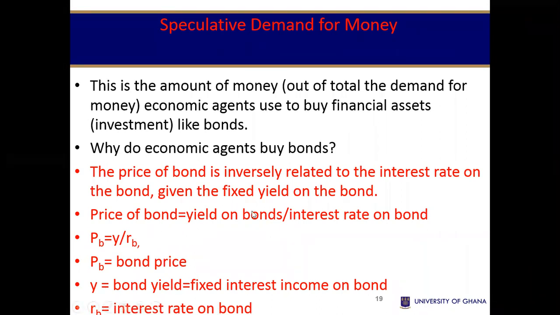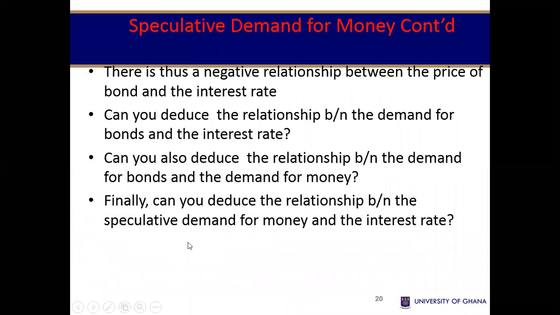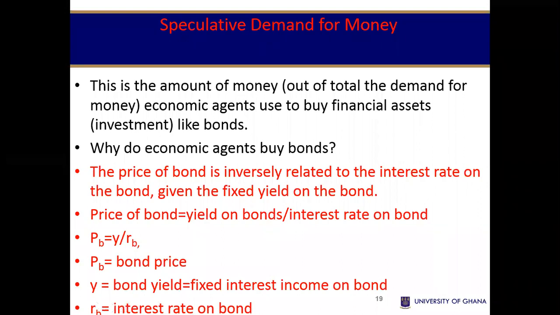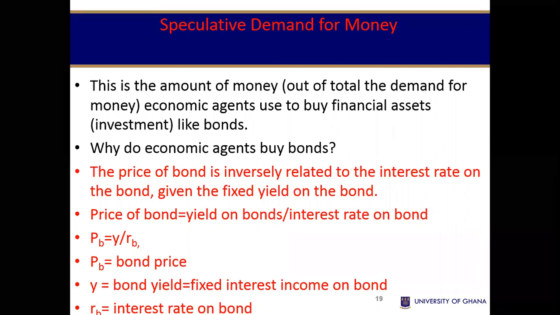Just know that we are taking this from somewhere. If you do money and banking, you go deeper into this. But we just borrowed this equation. That's why I started by saying that when you go to the bonds market, the yield on the bond is equal to the price of the bond times the interest rate.